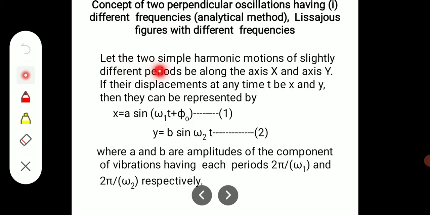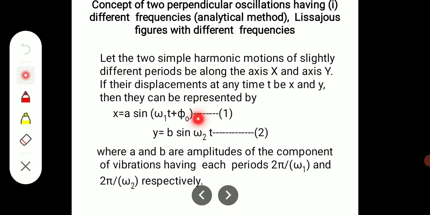Let us consider two simple harmonic motions of slightly different periods along the x and y axes. If their displacements at any time t are x and y, they can be represented by x equal to a sin(omega 1 t plus phi 0), say this is equation 1, and y equal to b sin(omega 2 t), say this is equation 2.